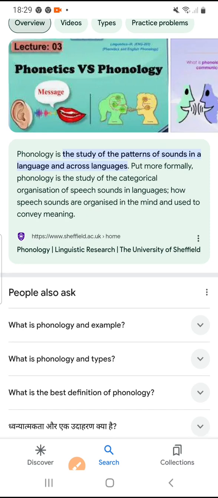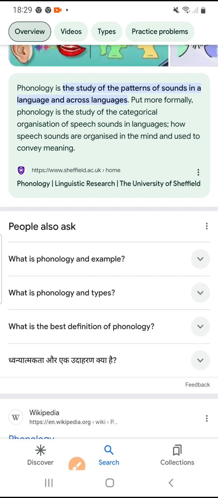Phonology is the study of patterns of sound, different patterns of sound in a language and across languages. Put more formally, phonology is the study of the categorical organization of speech sounds in languages, how speech sounds are organized in the mind and used to convey meaning. That's phonology.